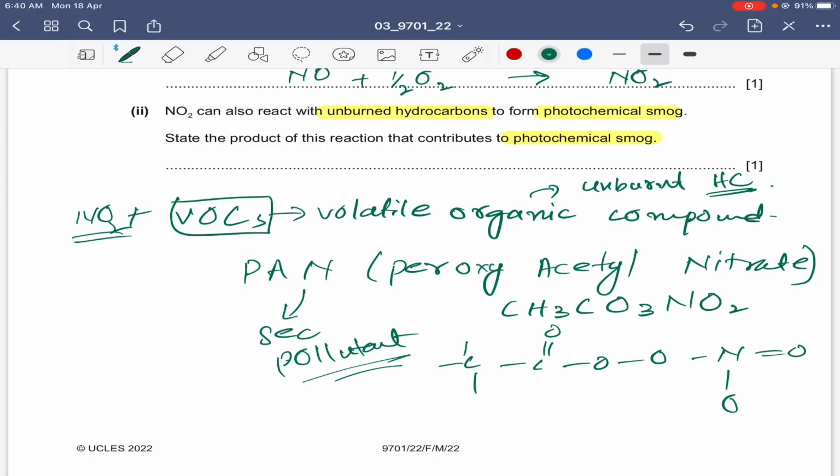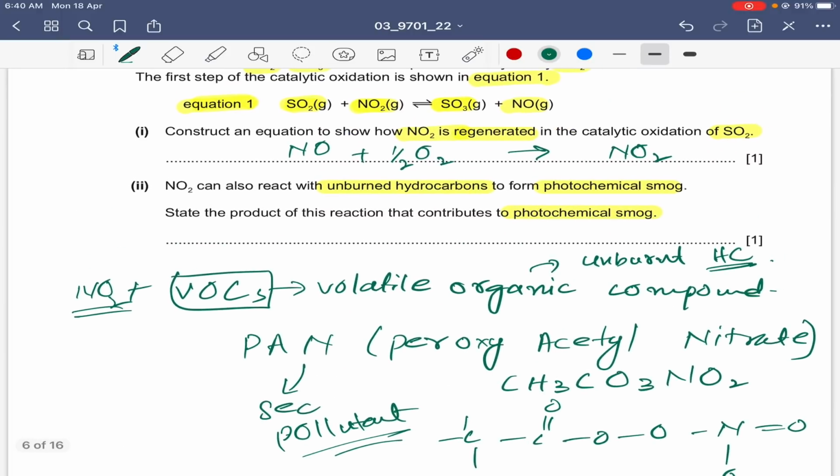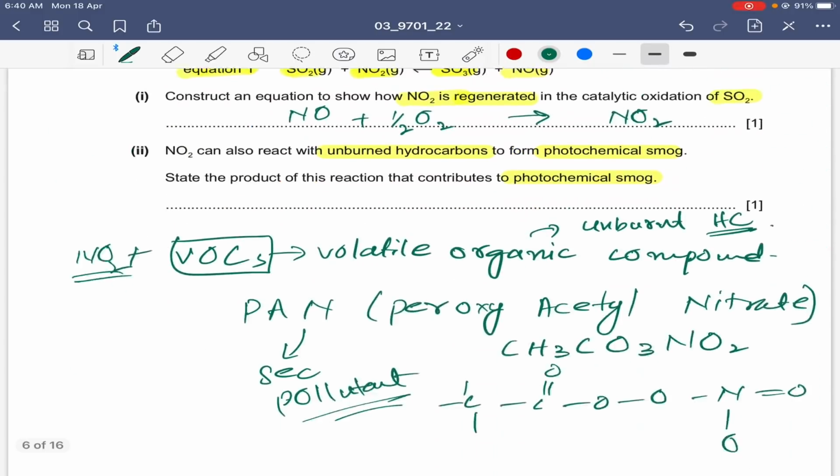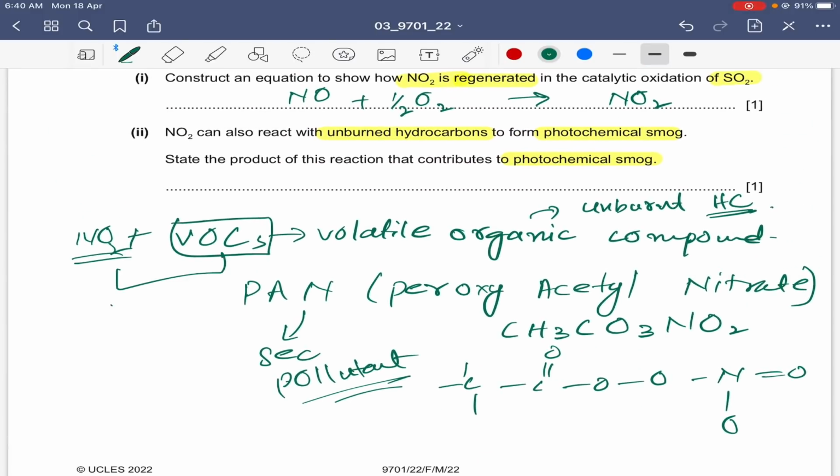When two primary pollutants react with each other in the presence of sunlight, basically this reaction will occur in the presence of sunlight. So this is a photochemical reaction. So the secondary pollutant that we get is PAN, peroxyacetyl nitrate, right?